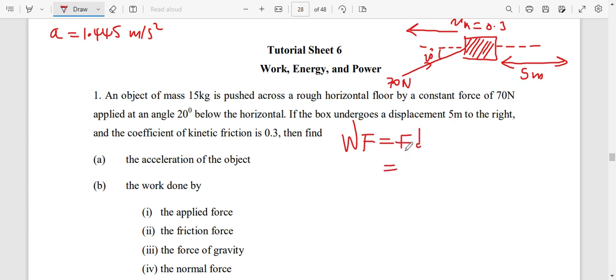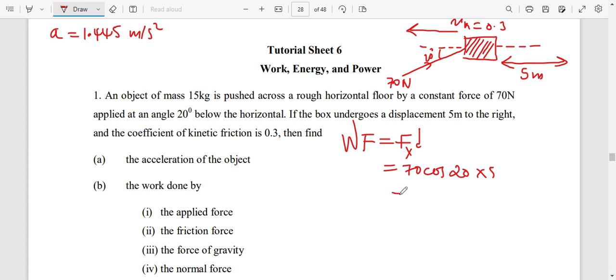And the force should be in the direction parallel to the distance. So that is the x component of the force, which is 70 cos 20. And then you multiply that by 5.